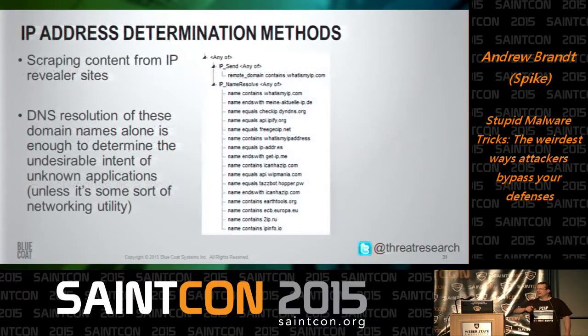It's pretty easy. So this is one of the rules that we have in the malware analysis appliance that we use to determine when something has a propensity to be doing bad things. We call these patterns. And this is the pattern for figuring out what your public-facing IP address is. It's just looking for DNS resolution requests for any of these websites.